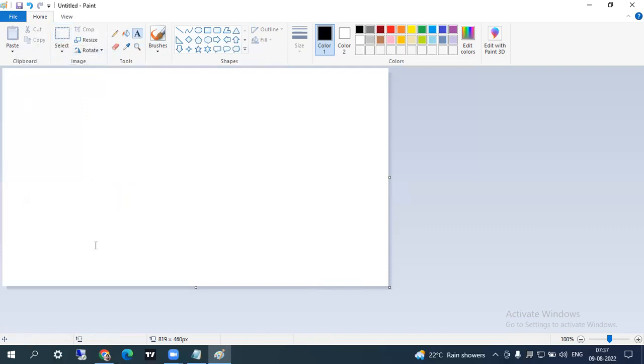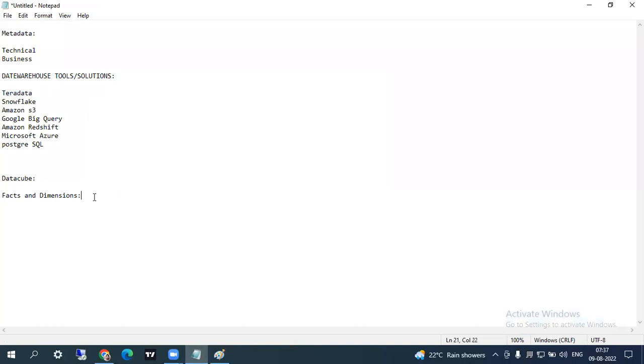Then we will see schemas. Schema tells how the structure was created inside the database or data warehouse. The two mainly used schemas are star schema and snowflake schema.